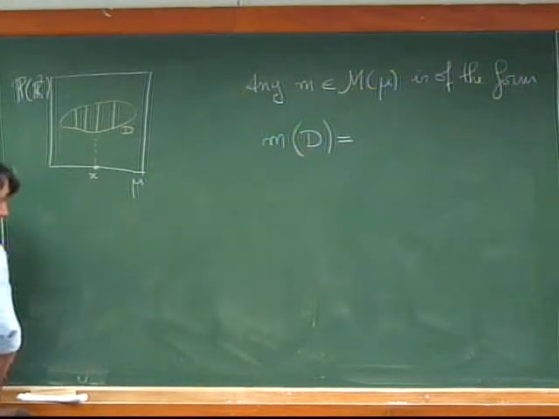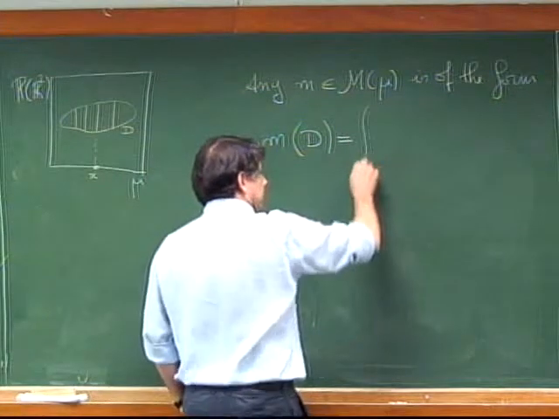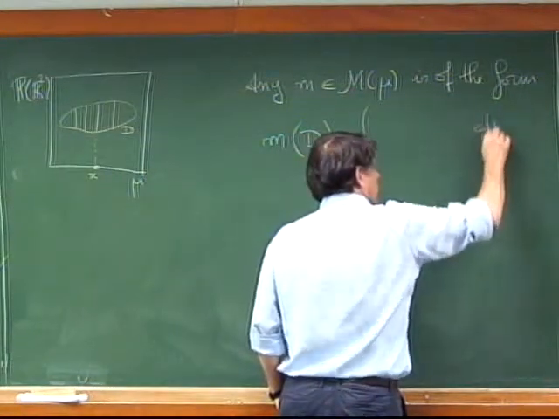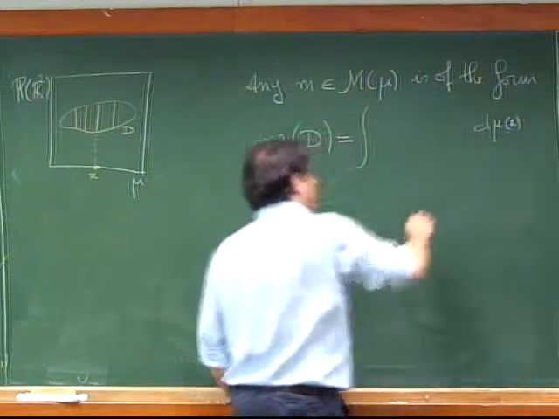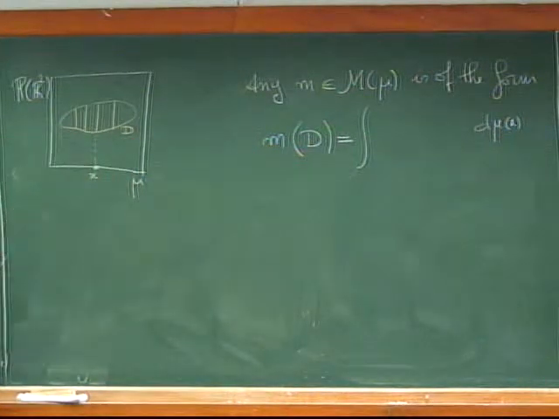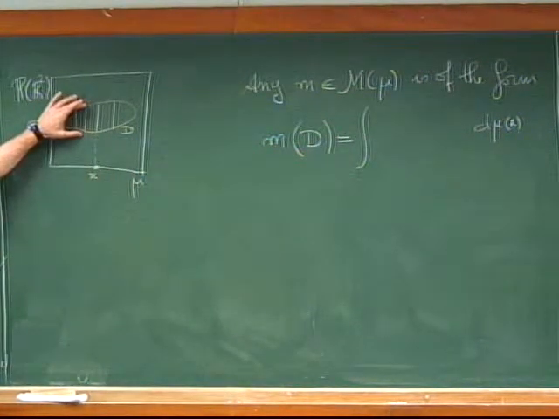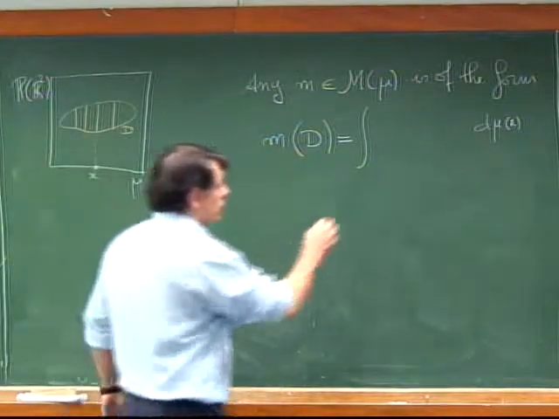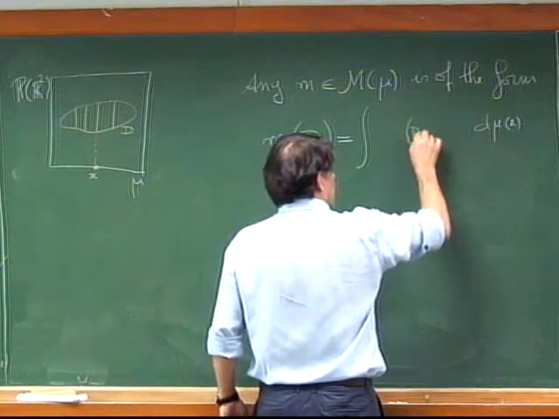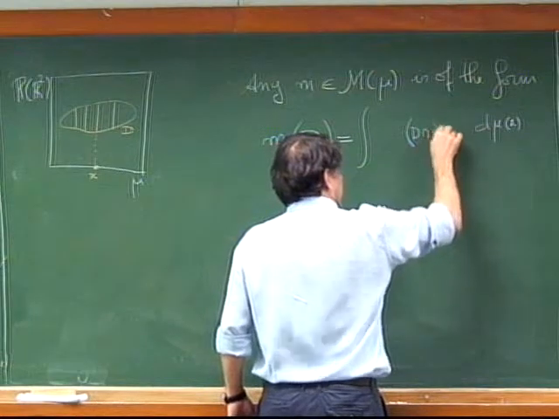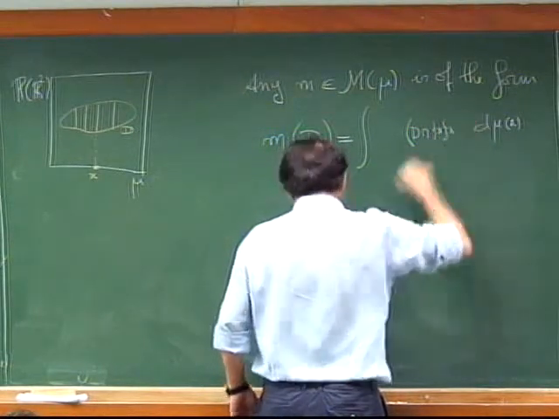Okay? So it is an integral with respect to mu, when you vary x, of the measure in the vertical. The vertical, of course, is just D intersected with x times PR2.